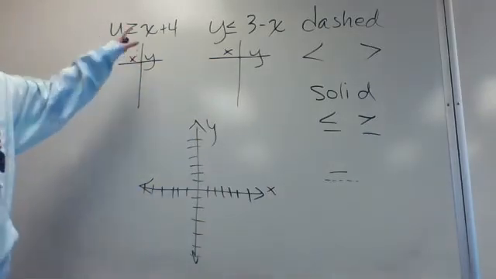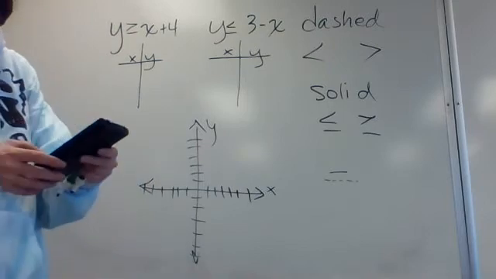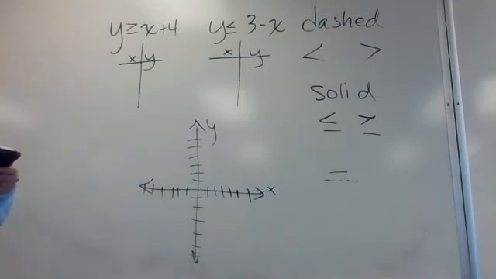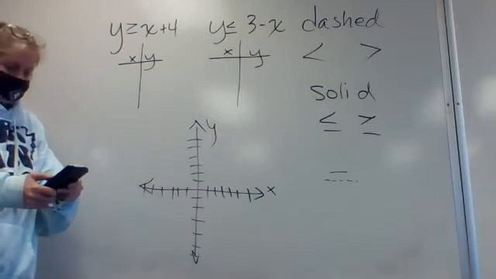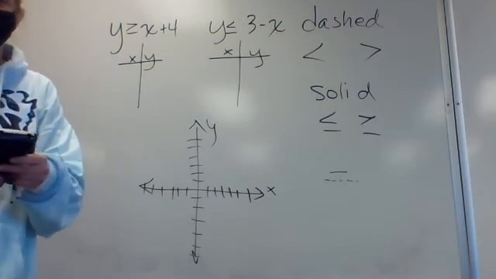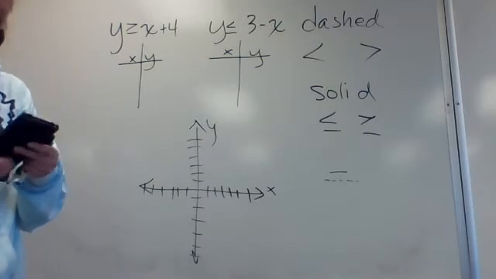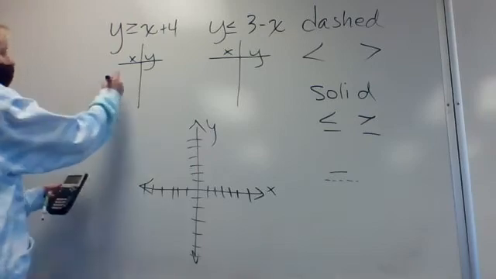So I'm going to put this one in my y equals first. So if I go to y equals x plus 4. And then I'm going to get 2 points from the table. So hit second table and just pick whatever 2 points you want. I'll do -1, 3 and 0, 4.